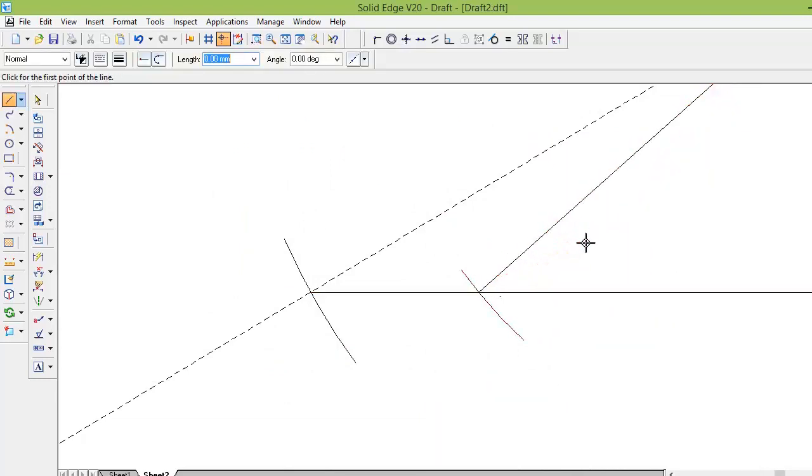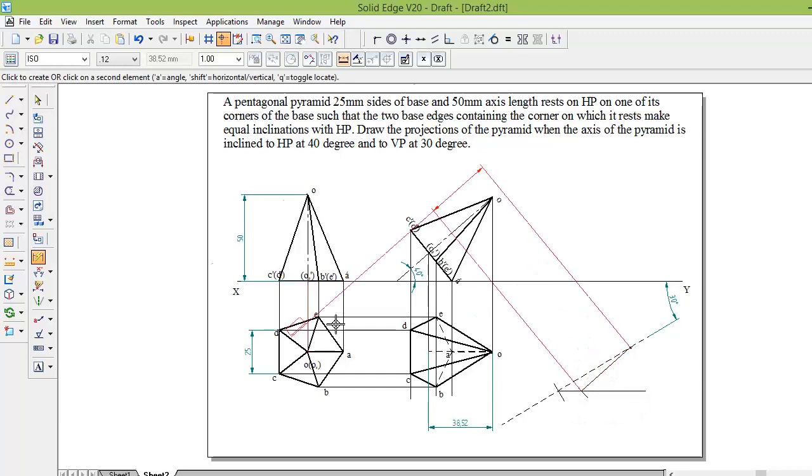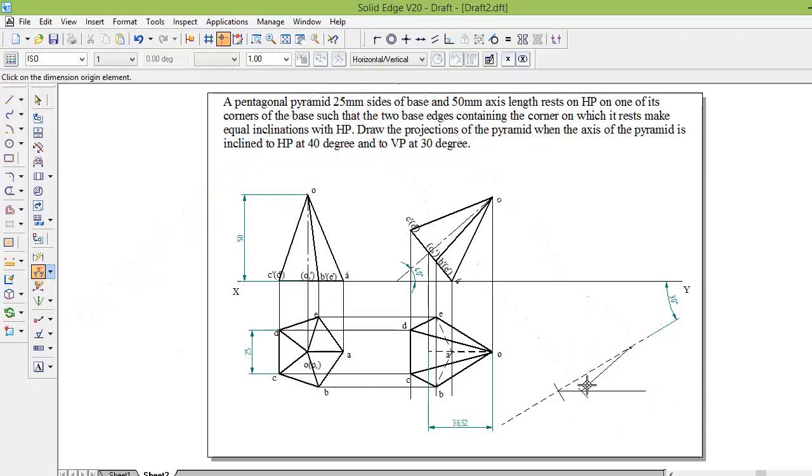So measure this angle, this line to this line, 40 degree. So 40 degree is the beta angle here.